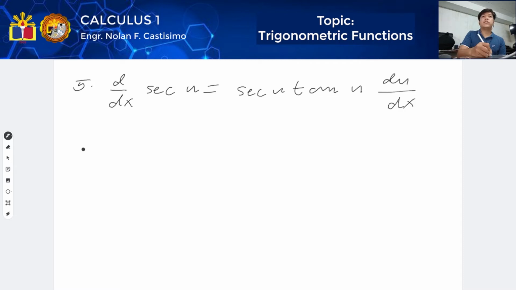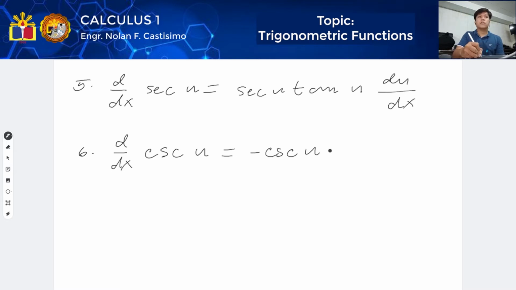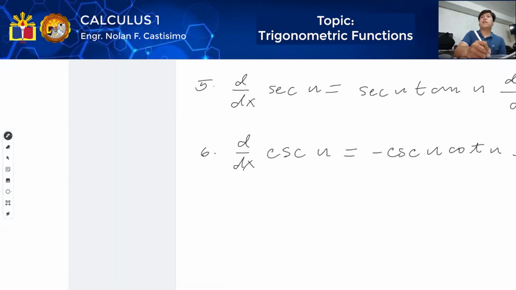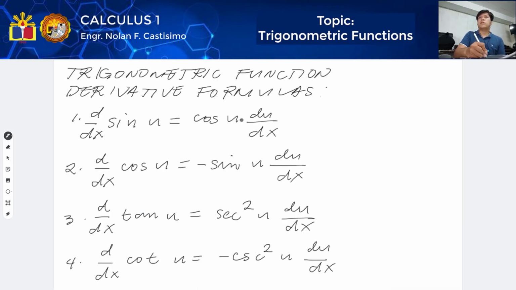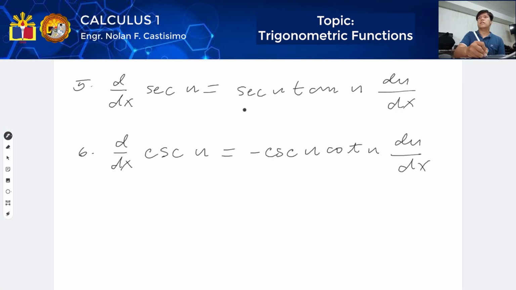Number 6, we have the derivative of cosecant u is equivalent to negative cosecant u cotangent u du over dx. Yan. So, lahat ng formula natin to is i-multiply dyan. May multiplication dyan, nakadat. May dot yan. Okay?